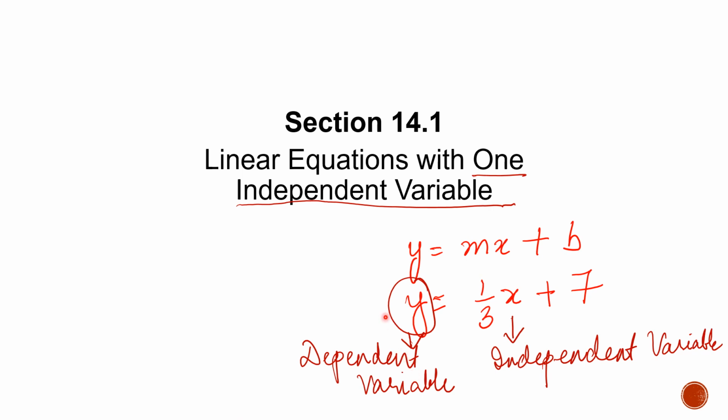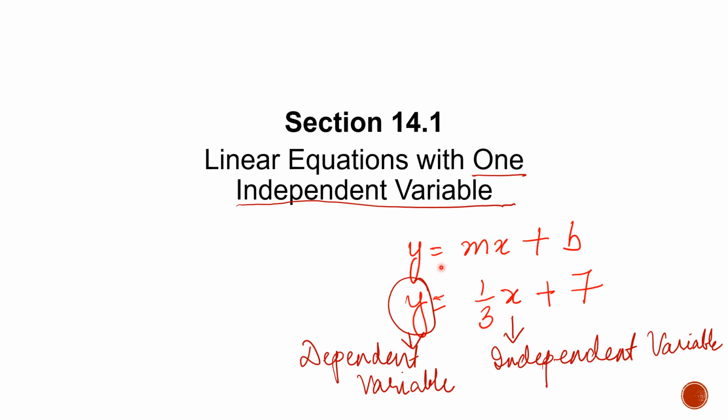We learn next how to come up with linear equations. Previously, you may have been given a linear equation and asked to do different calculations. You may have been asked to find the y value given an x value. You may have been asked to write it in different forms.